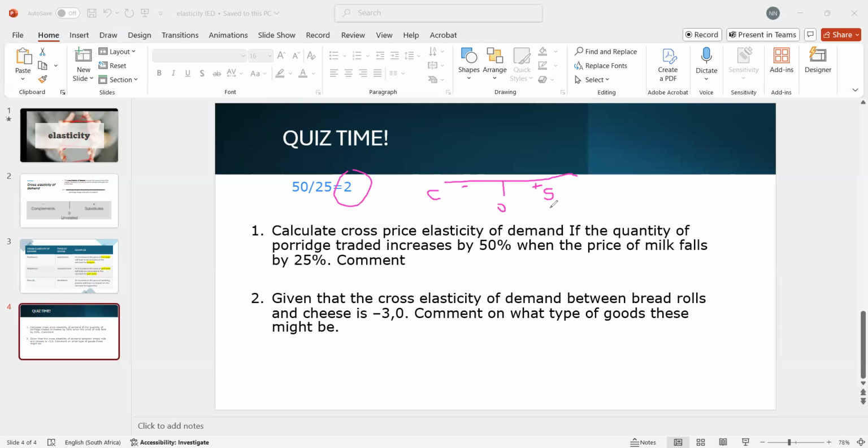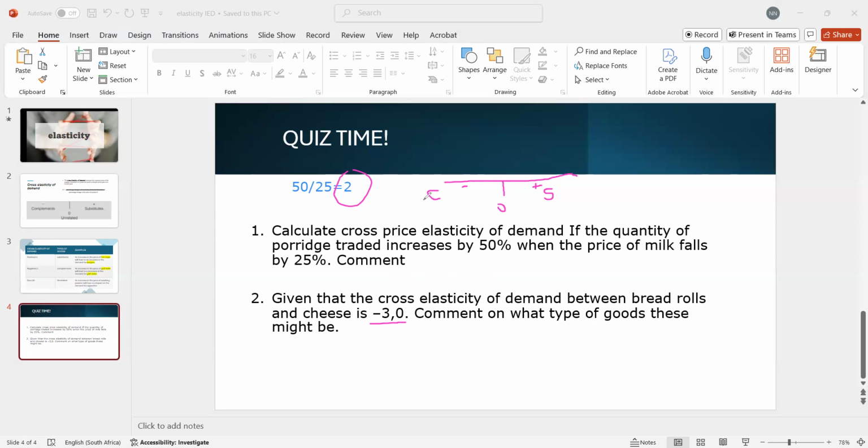Okay, and then: given that the cross elasticity of demand between bread rolls and cheese is negative 3.0, comment on what type of goods these might be. They've already calculated the cross elasticity of demand and found it's minus 3.0.